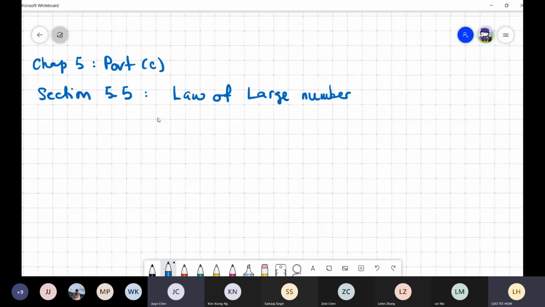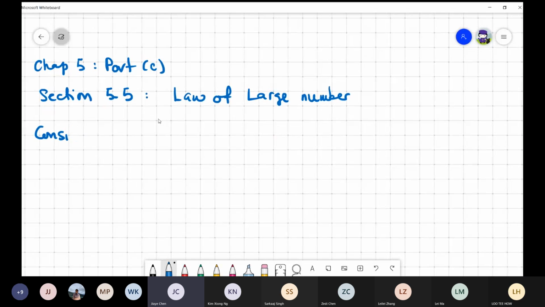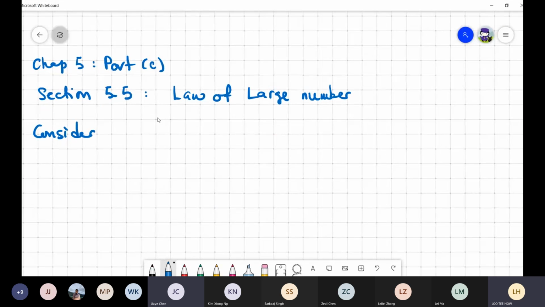So the setting will be that we consider a sequence of random variables, x1, x2, x3, and so on.